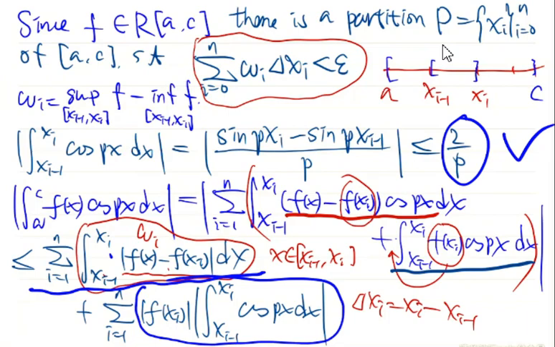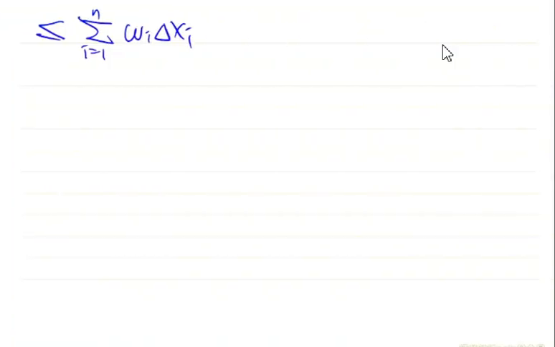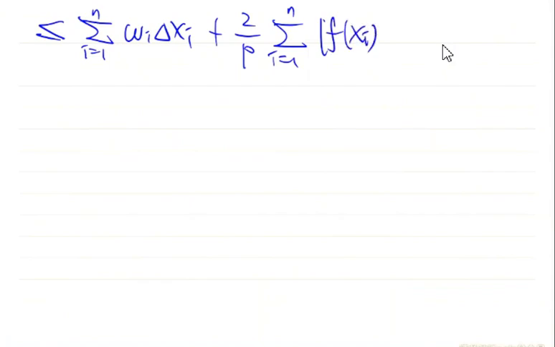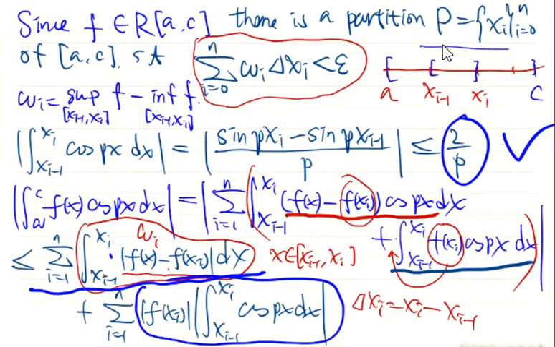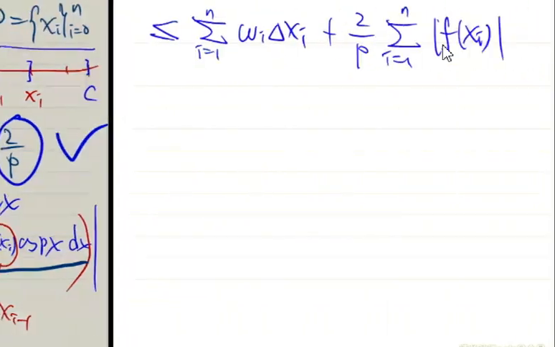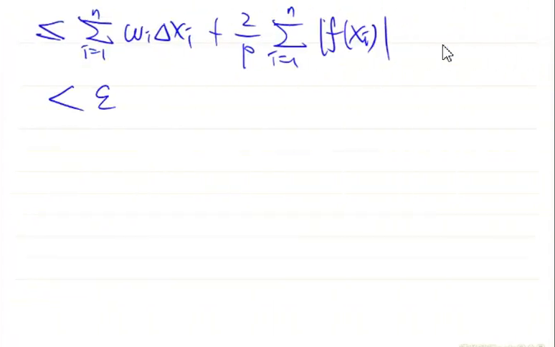So the second term will not be greater than 2 over p times the sum of |f(x_i)|. And by our choosing of the partition P, the oscillation area, the sum of omega_i delta x_i, is small, less than epsilon. So this is less than epsilon plus 2 over p times the sum.